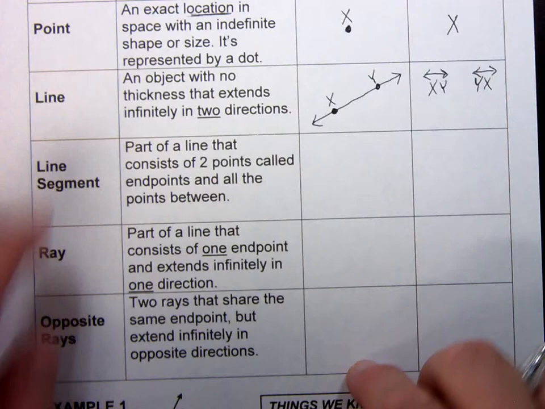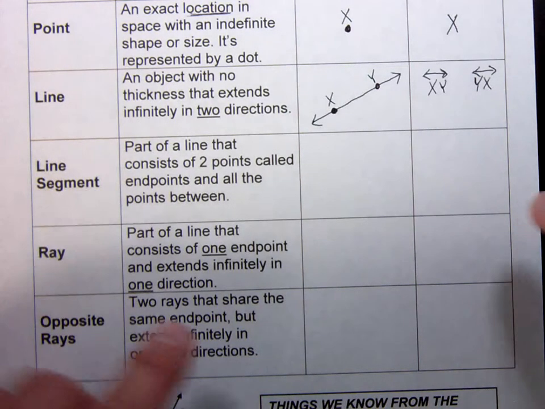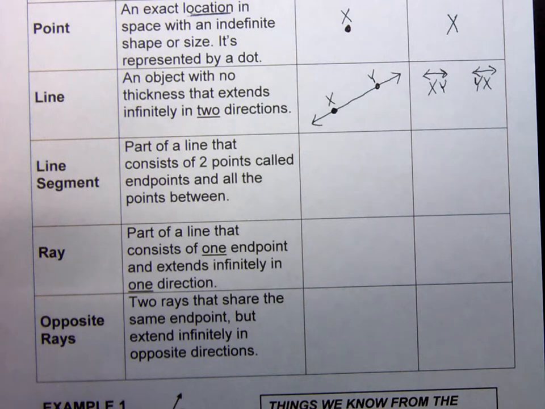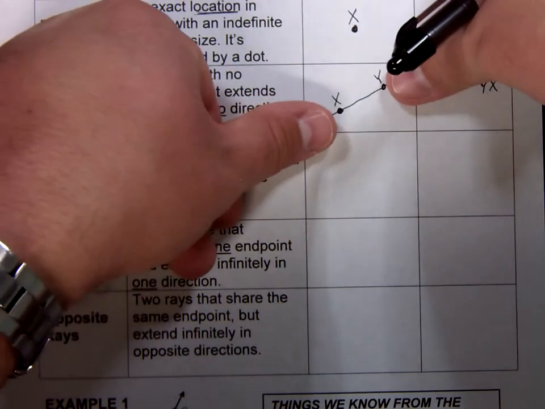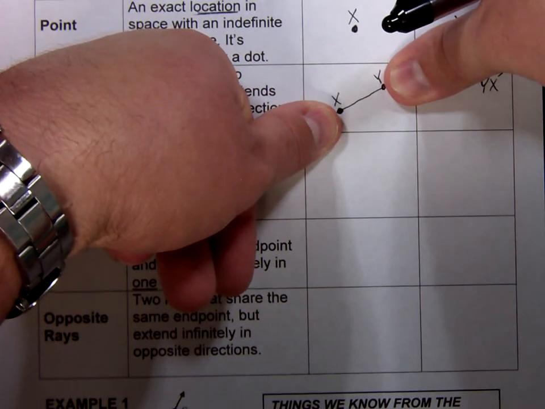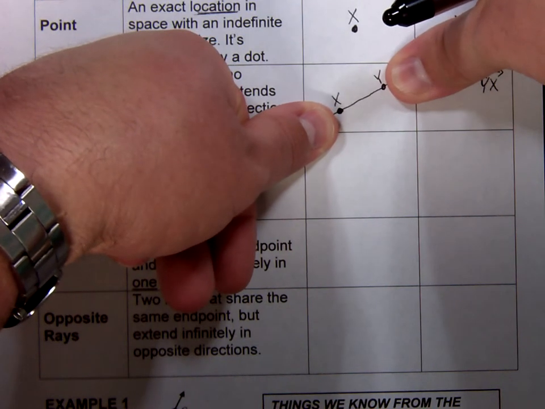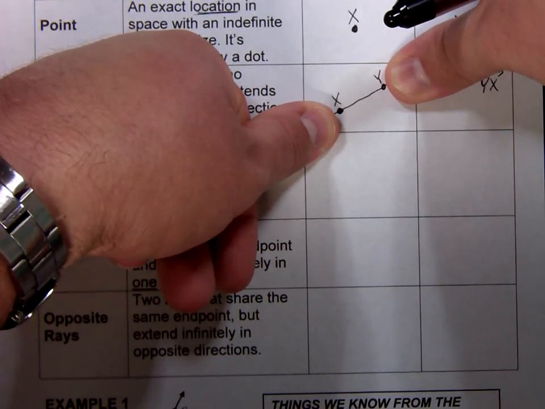A line segment is part of a line, and it has 2 endpoints. So you can actually measure a line segment with a ruler or a tape measure or whatever. If I were to take X and Y and use those as endpoints, it would include X and Y and all the points in between. That right there is a line segment. It's part of a line, not the whole thing.